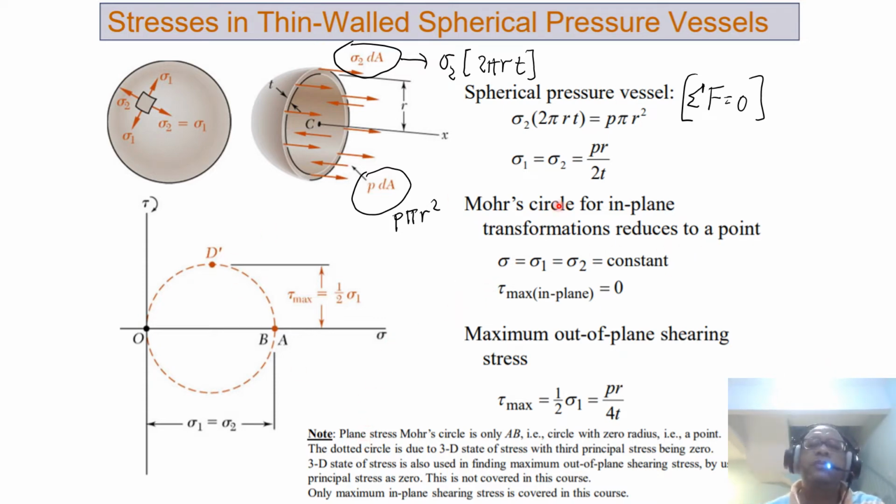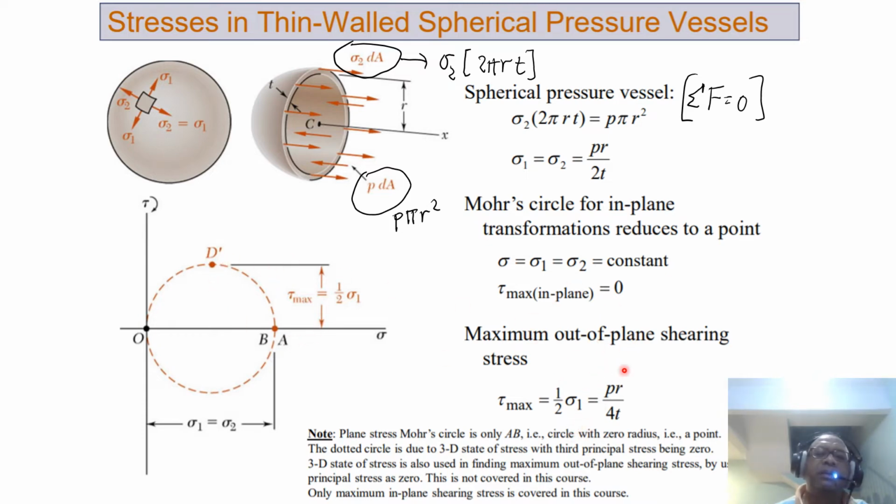So the Mohr circle for the in-plane transformation reduces to a point where everything is at the same point. A and B are at the same point. Okay, and the tau max in plane is equal to 0. There is no shear stress at this point here, and the maximum out-of-plane shearing stress is half of sigma 1.